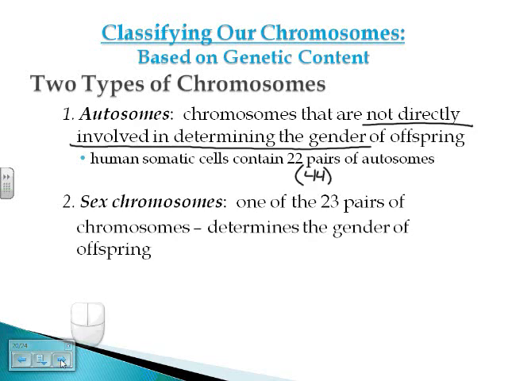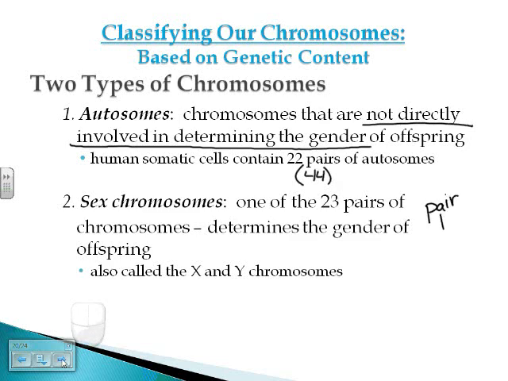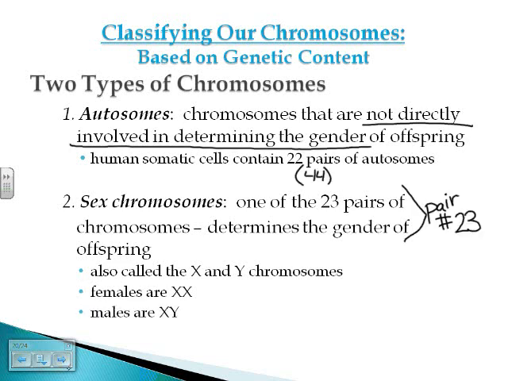We've got one of the 23 pairs that determines gender. This would be pair number 23. It can be the X and the Y chromosomes. XX is female, XY is male.